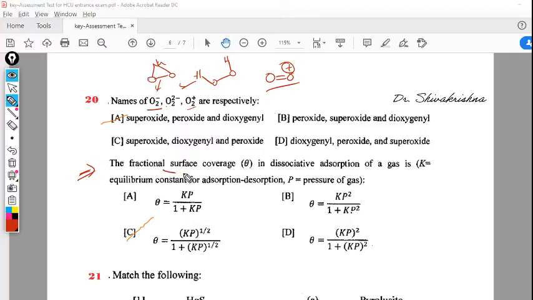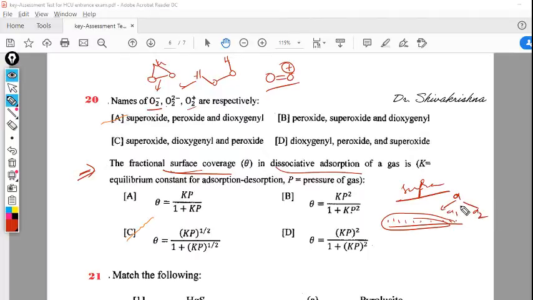Surface coverage. This is from surface chemistry. In this, the fraction of the surface that is covered, the area of cover, in dissociative adsorption, where molecules dissociate into two parts. If it is dissociating into two parts, the fraction of the occupied area will be (kP) to the power 1/n divided by 1 plus (kP) to the power 1/n.